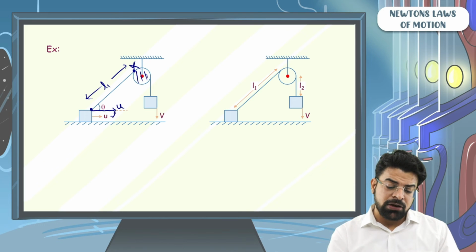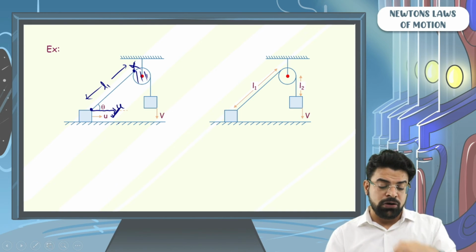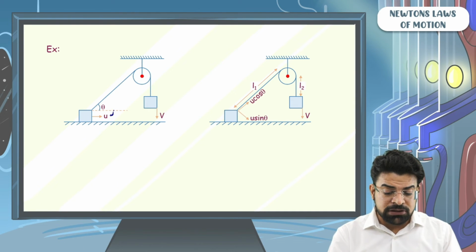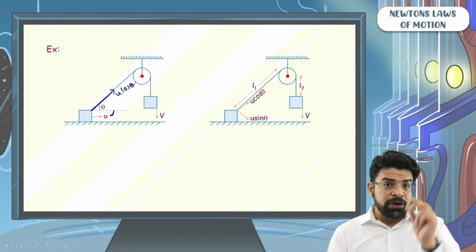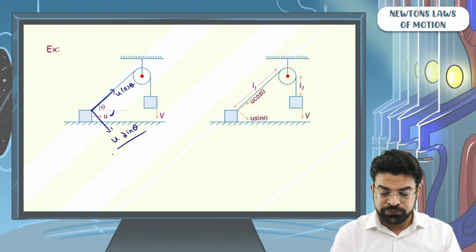Sir, we can break down this velocity into two components. One along the length, second perpendicular to length. So the component of this velocity along the length will be u cos theta, and the component perpendicular to length will be u sin theta as shown.